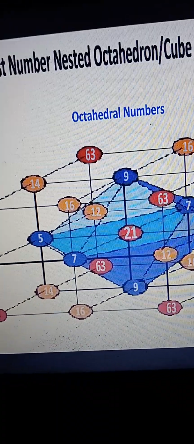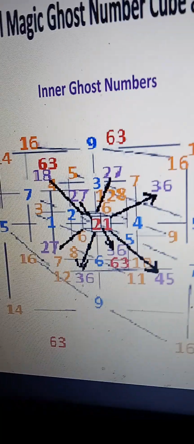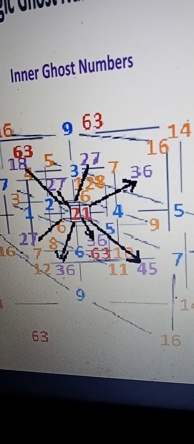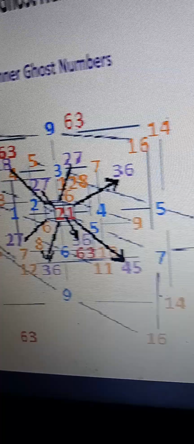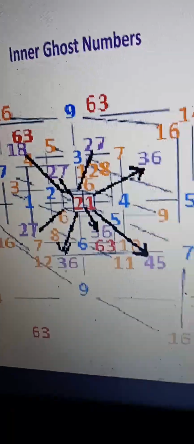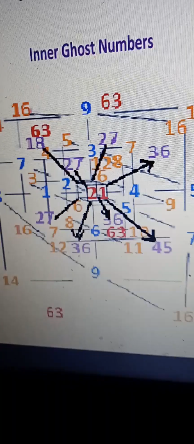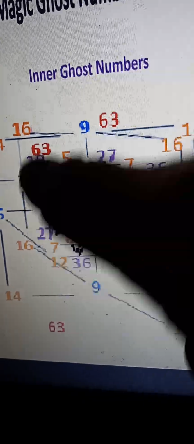But it makes the inner ghost number cube irrelevant, but it maintains the outer ghost numbers and all the other outer numbers, and it also maintains the central ghost number, because as you rotate these around, all the inner numbers rotate around, except for the 21.